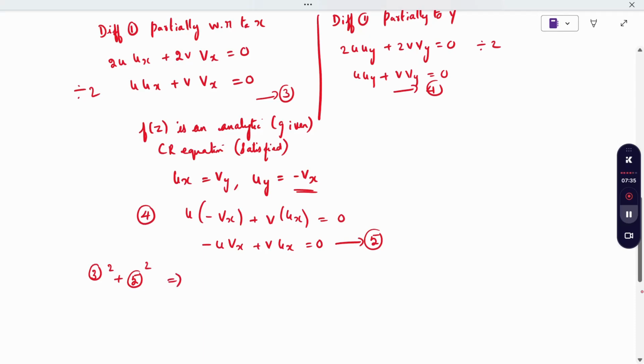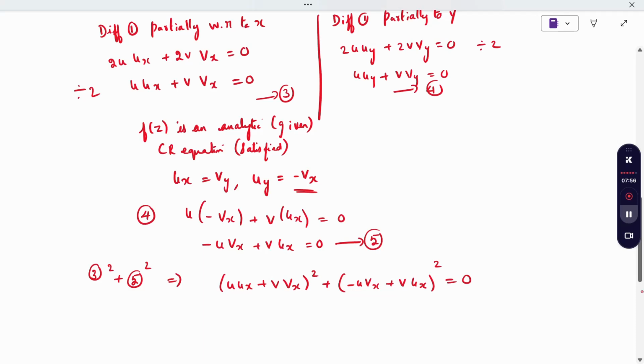Squaring and adding, when I do it, we get u into ux plus v into vx the whole square plus minus u into vx plus v into ux the whole square. You may ask the question, why, ma'am, have you changed this?